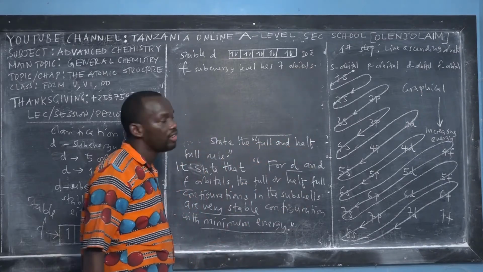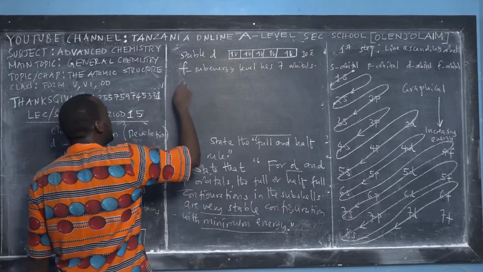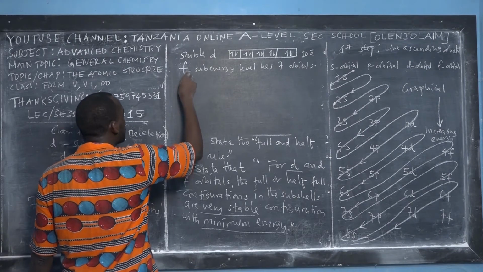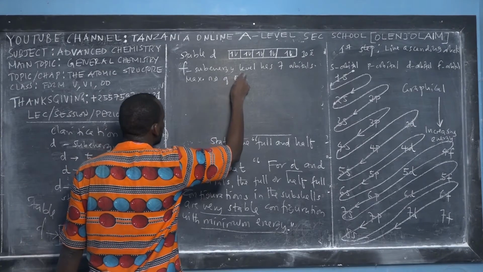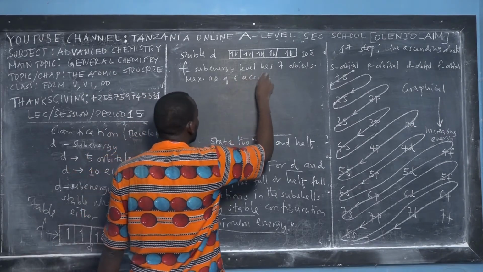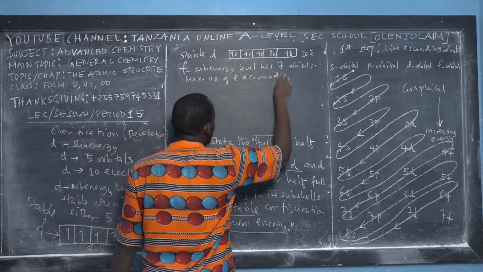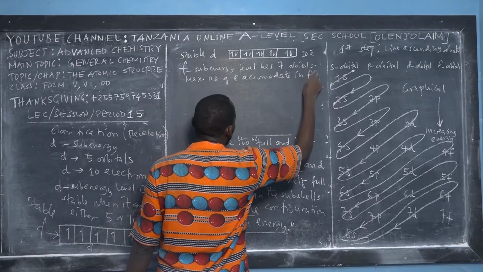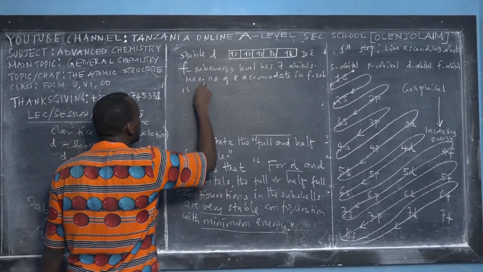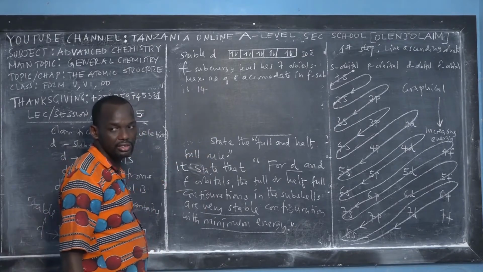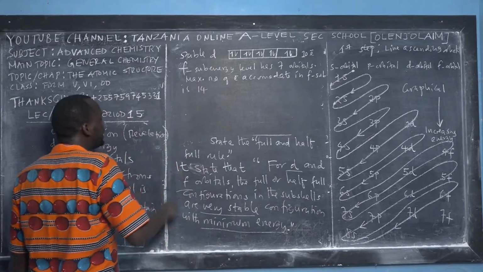So if it has 7 orbitals, its maximum number of electrons accommodated in the F sub-energy level is how much? 14, right?